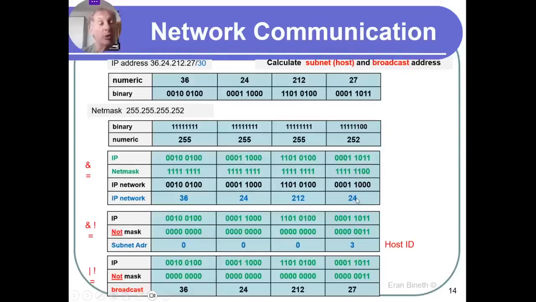The network address, which is shared by all members of the same network, is 36.24.212.24 over 30. While the host that is stated within this framework is marked as 3, the remaining bits marked as 1 and 1. We achieve that by the operation of AND NOT mask.